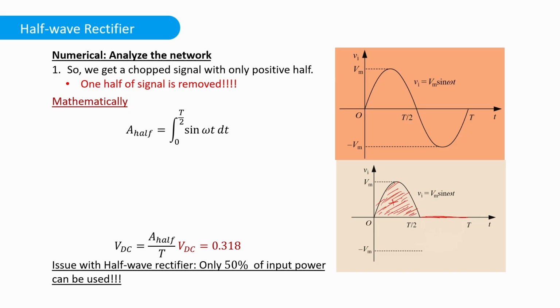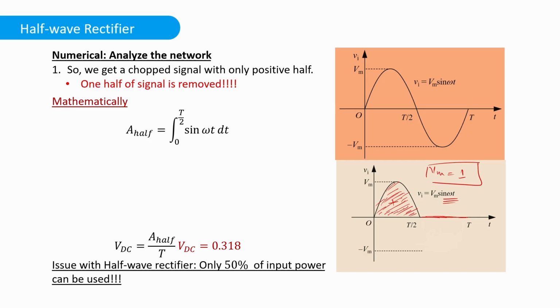We know from calculus, we need to integrate this function from 0 to T by 2. We know this function is Vi equal to Vm sine omega t. We will assume Vm is 1 for this numerical problem, so we will be left with only sine omega t.